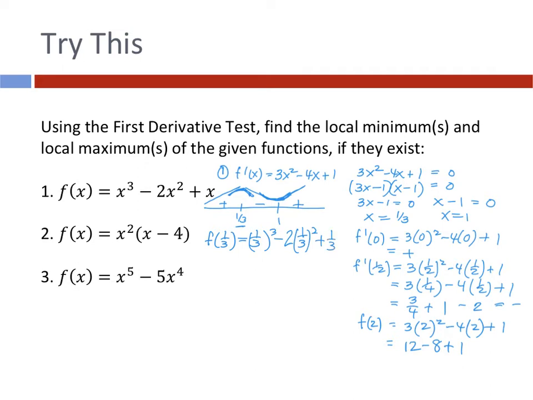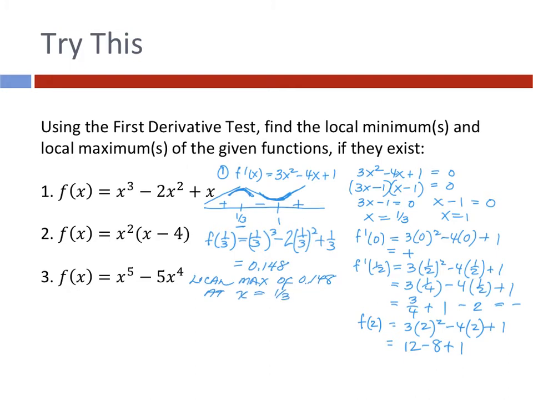And that is going to give you your max. When I calculate it, I get 0.148. So the way you write your answer is that there is a local max of 0.148 at x equals 1/3.